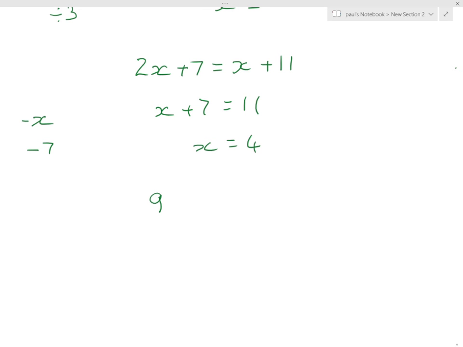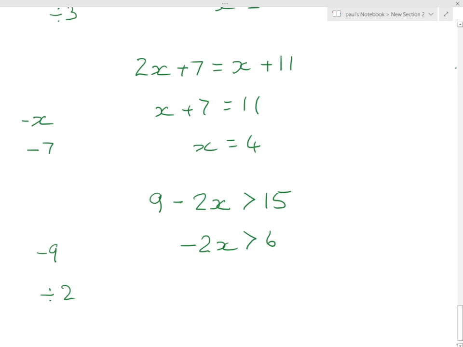So let's go back to 9 minus 2x is greater than 15. Now let's take away 9, see where we go. Leave the minus sign there, it's important. Take away 9 from that is 6. Now we've got to divide by minus 2.